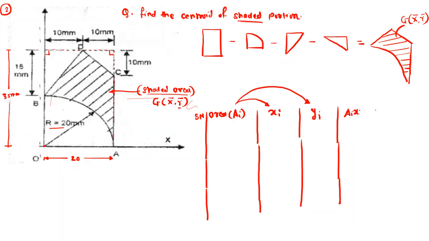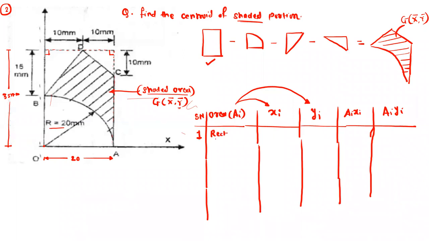This is Ai xi, and this is Ai yi. The first geometry that we will select is the rectangle. If you observe the dimensions, this is 35 and this is 20. So this will be 35 into 20, which is 700 square millimeter.